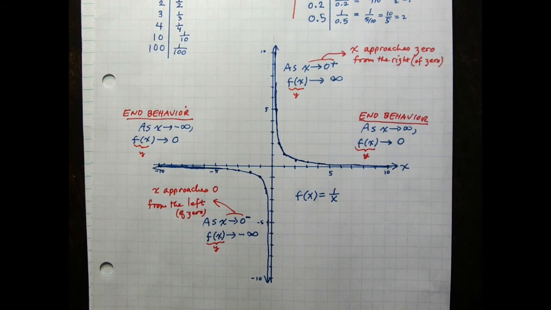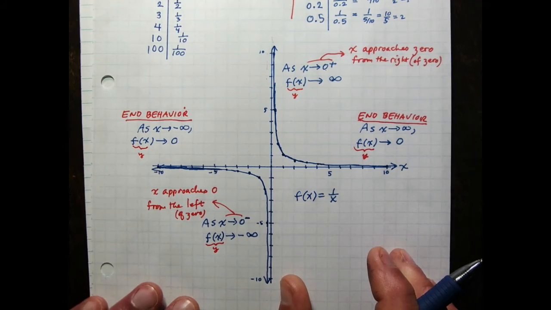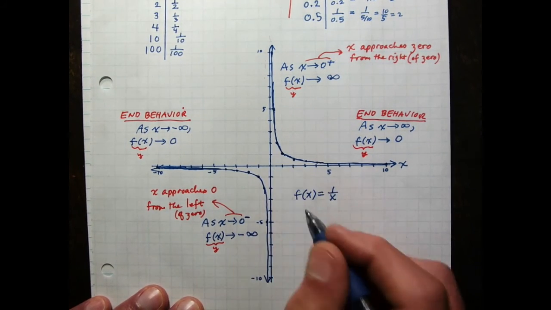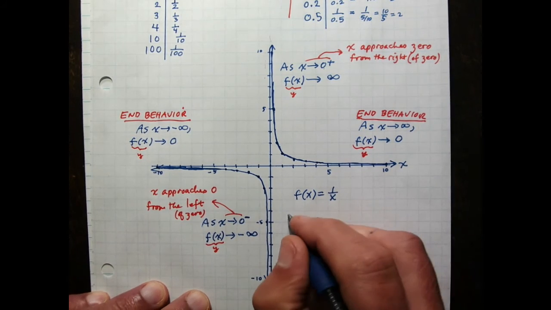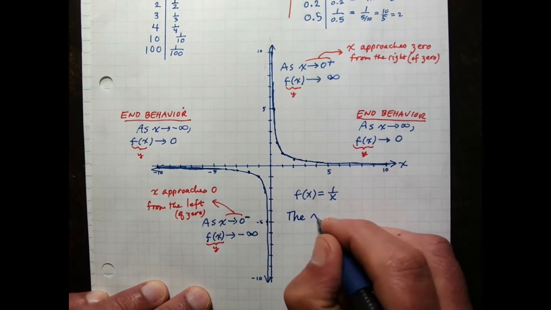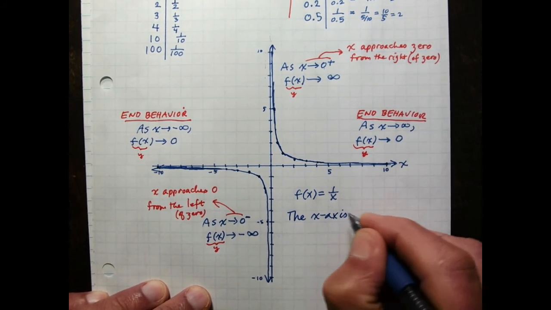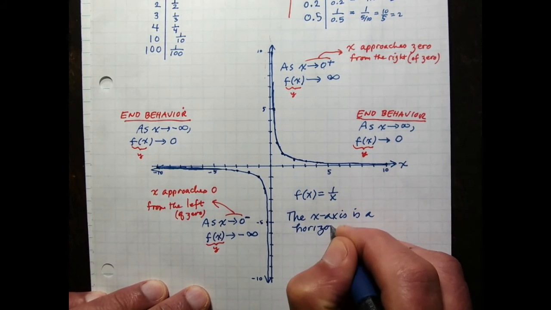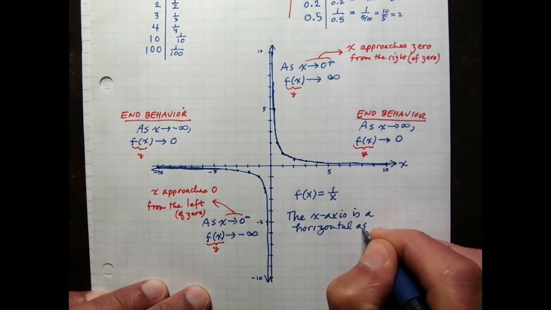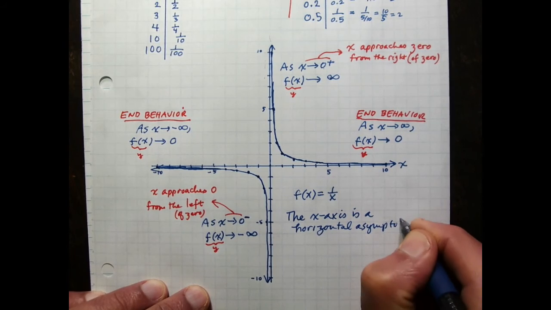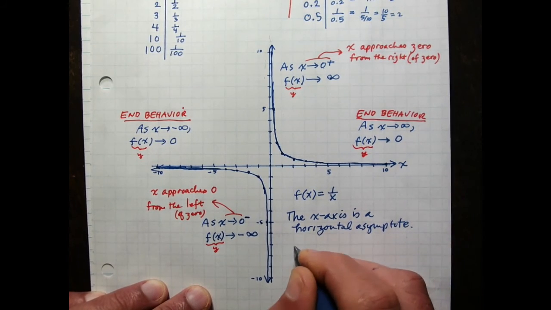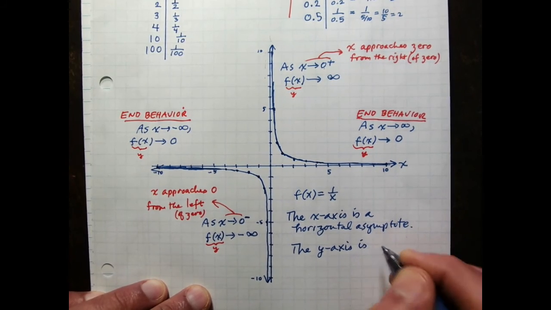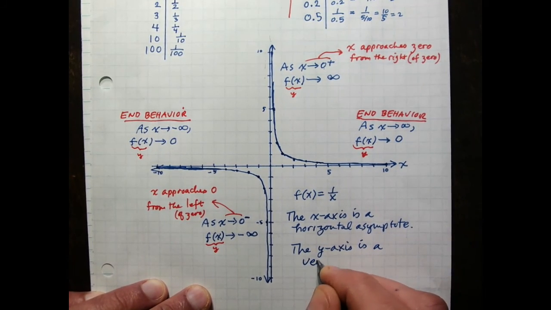And just two more things before we quit here now. So we have a special name for what's going on with the x and y axis here. We say the x-axis is a horizontal asymptote to the graph, and the y-axis is a vertical asymptote.